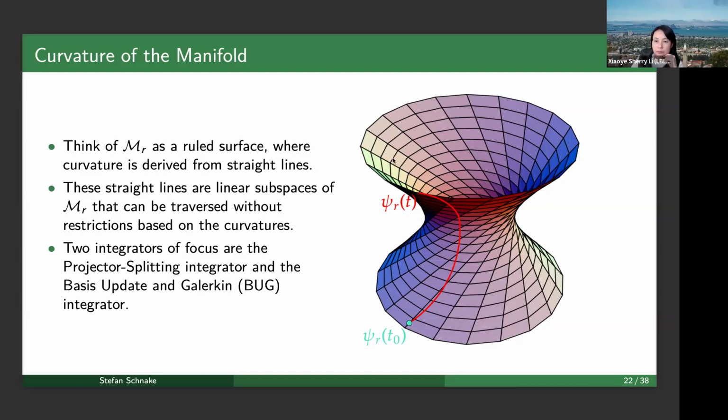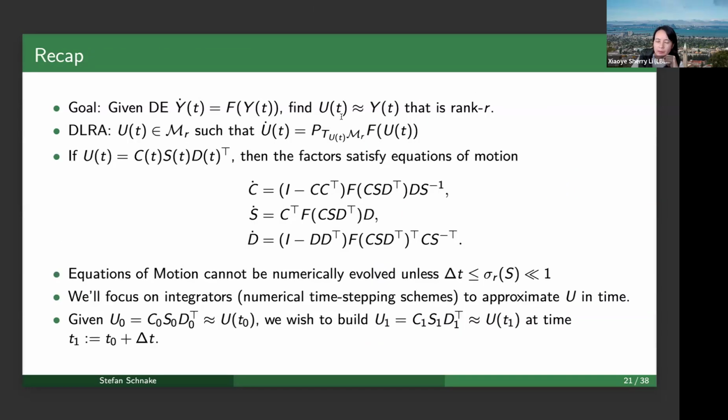Sorry, can I ask a quick question? If you go back to the previous slide, this is a very high-level question. This dynamic low-rank approximation is a way to do the projection, right? But suppose I have another way to do the projection, or in general model reduction, and you get this U projected.